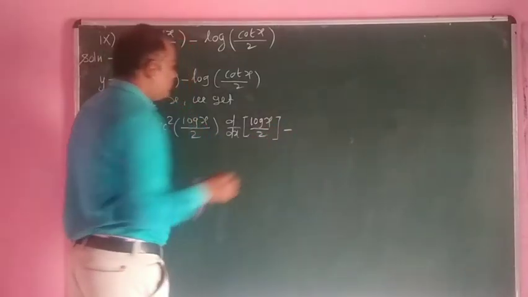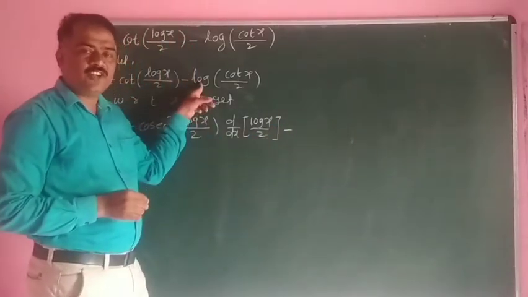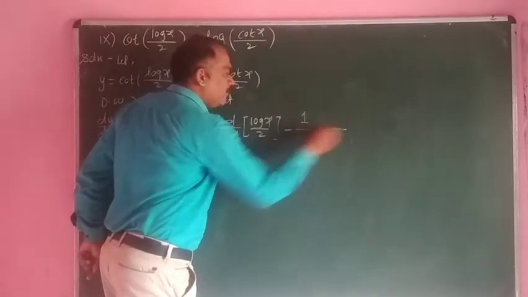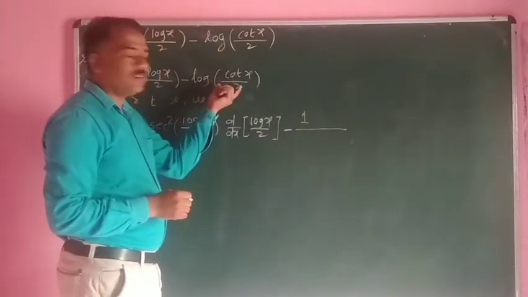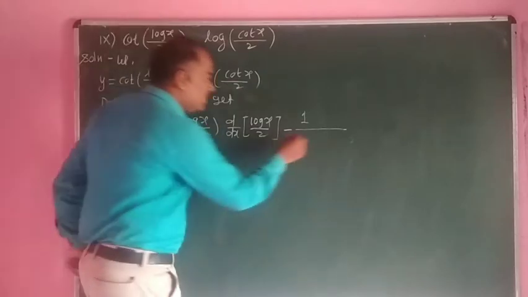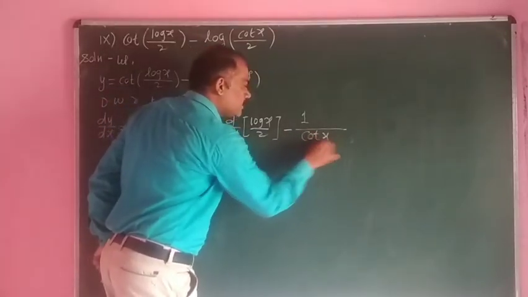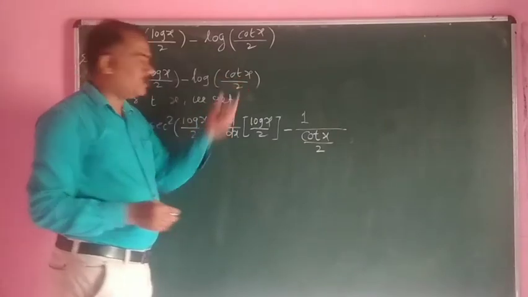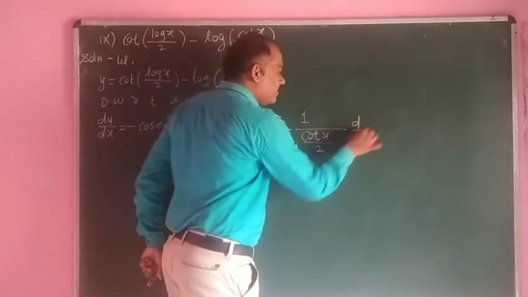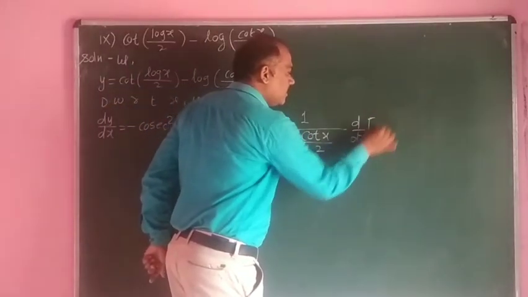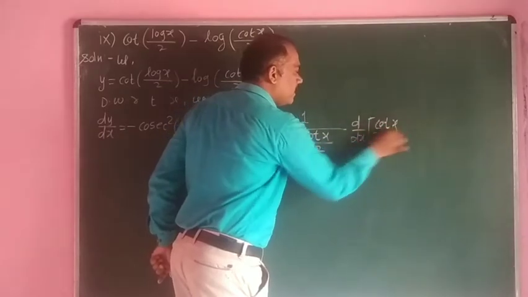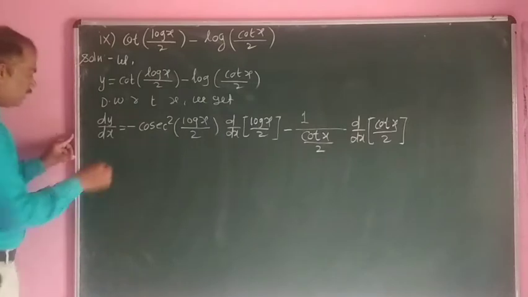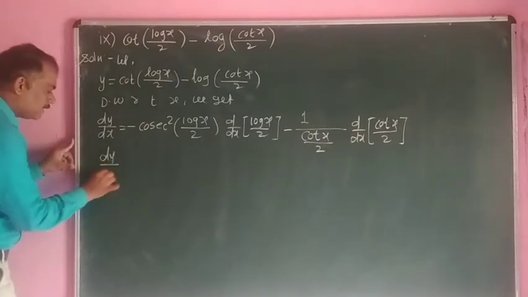Minus, now we take the derivative of log. What is the derivative of log x? 1 upon x. Instead of x, here we have cot x by 2. Now we take the derivative of cot x by 2, that is d dx of cot x by 2.